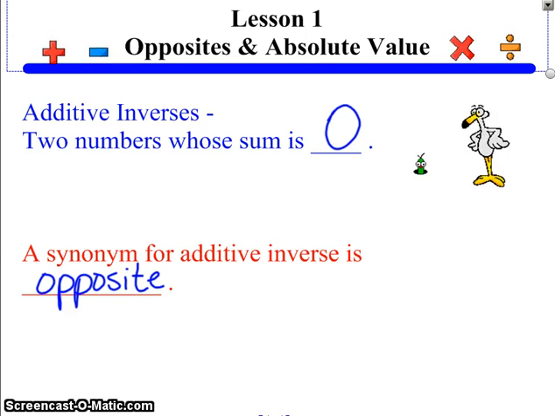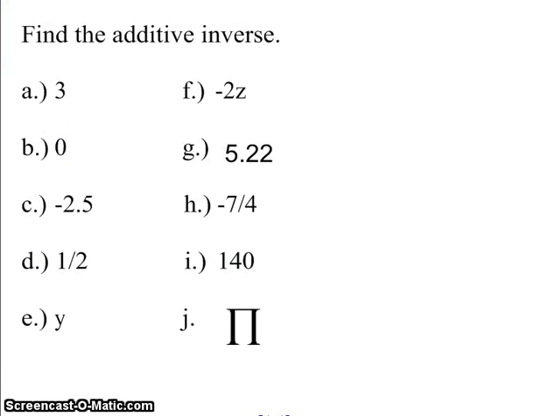So reviewing these two ideas, let's go through just a quick list of some examples of finding the additive inverse. When you are asked to find the additive inverse, what we're talking about here is what is the opposite, or if you like the first definition we gave, what number can we add to the given number to get a result of 0?